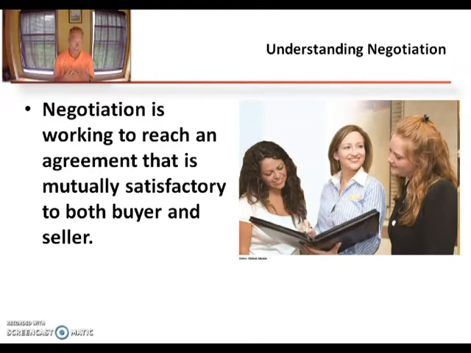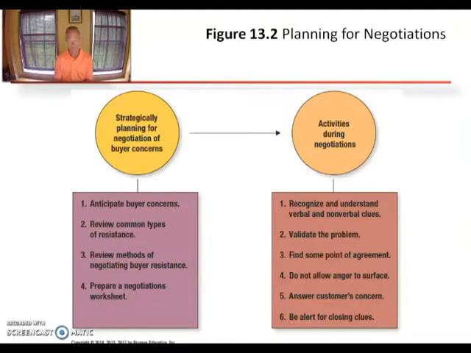Negotiation is not an "I win, you lose" type of situation. What we want to do is negotiate to make sure that the buyer sees the benefit, sees how this product or service can solve his or her needs and problems, and then negotiate to a mutually beneficial or mutually satisfactory agreement for that product or service in order to satisfy those needs.